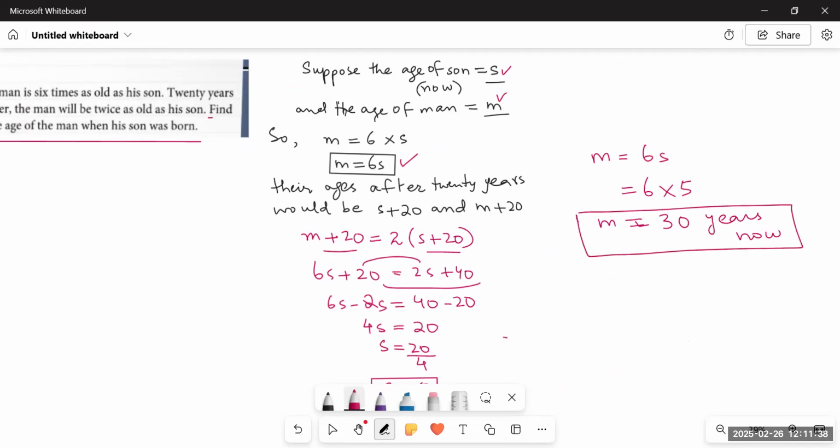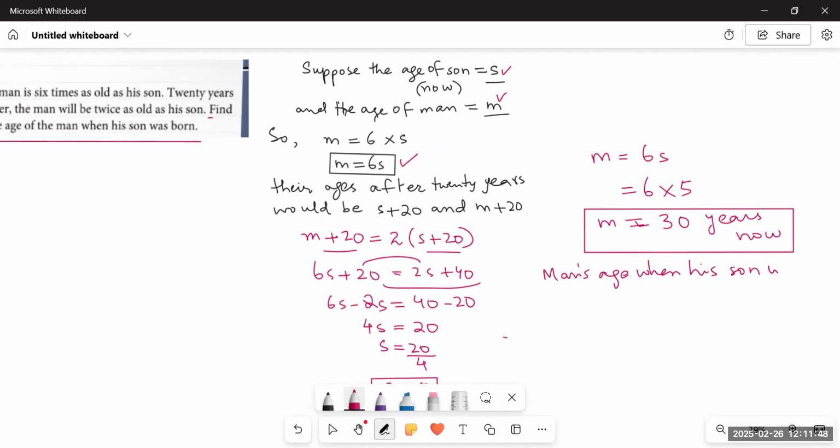So his age when his son was born, because when the son was born, his age would be 0 years. Because when a child is born, he is of no years. So the man's age would be 30 minus 5, 25 years.